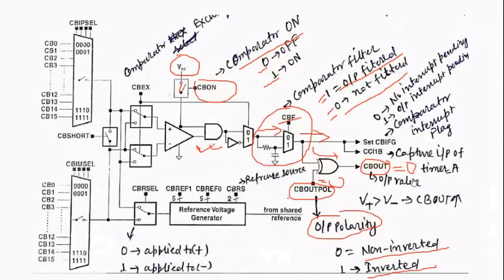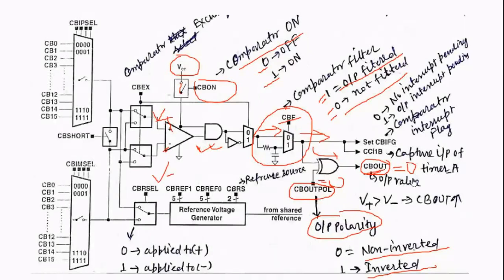All of you know the function of the XOR gate. Now, what will happen? The CBOUT value will depend upon these things. See that here are V plus and V minus signals. At the positive terminal, I am representing V plus, and at the negative terminal, I am representing V minus.